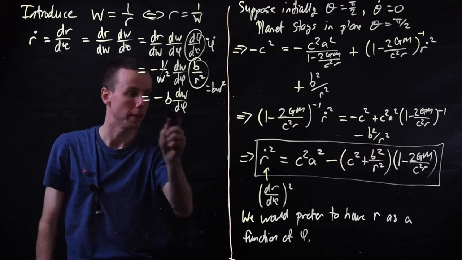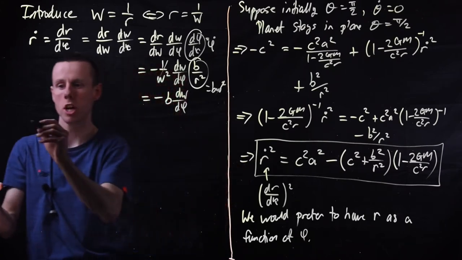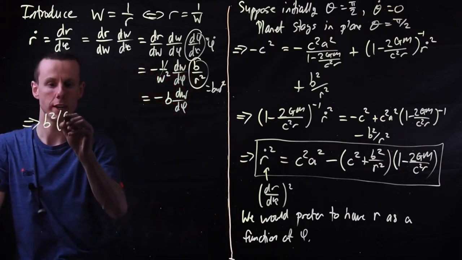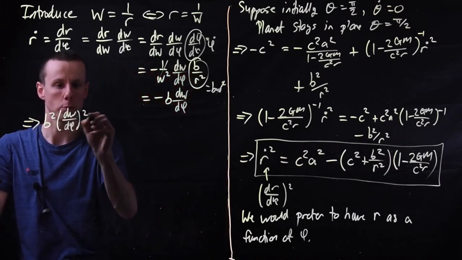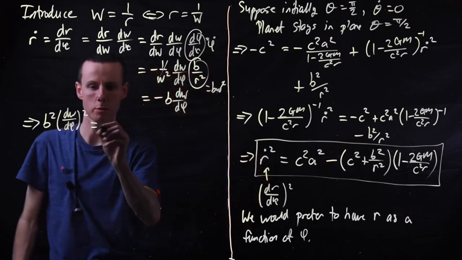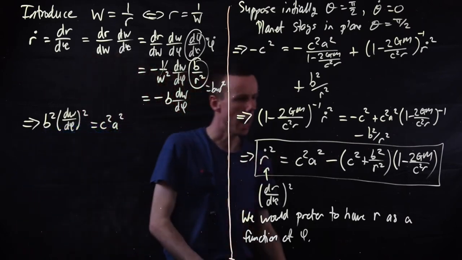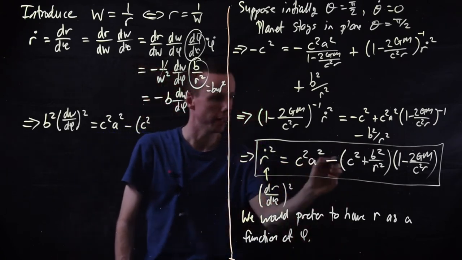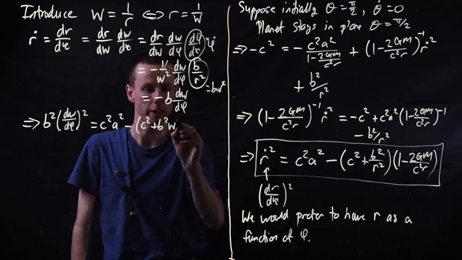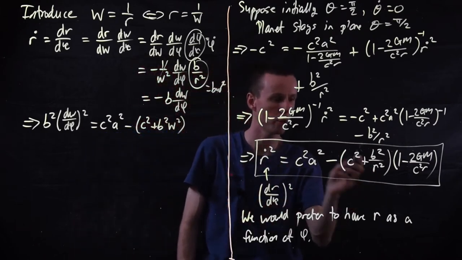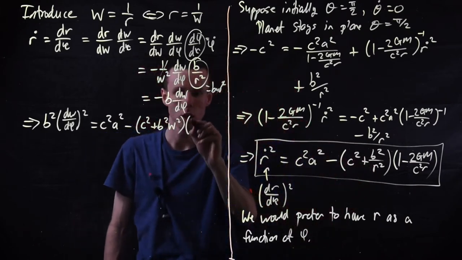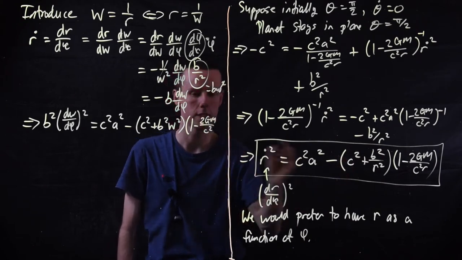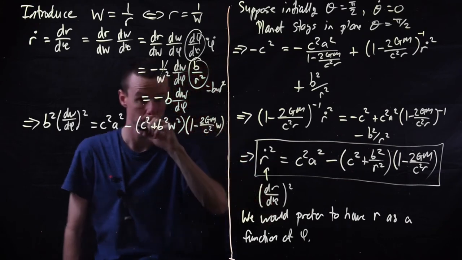Using this transformation, it's not obvious where we're going with this, but just watch. Put this in here. On the left hand side, you'll have b squared dw d phi squared is equal to c squared a squared, and now we will have minus c squared plus b squared w squared. 1 over r squared is just w squared, times 1 minus 2GM over c squared times w.